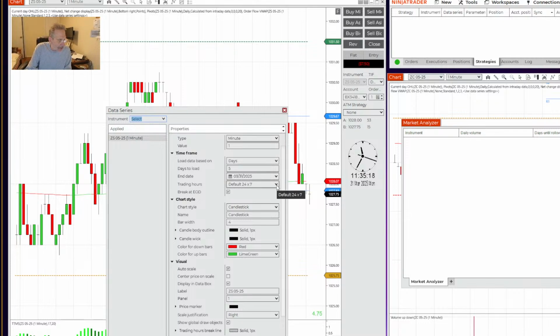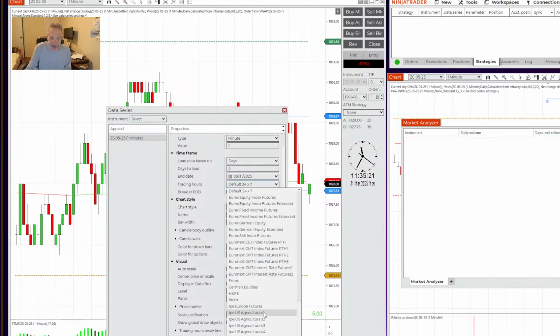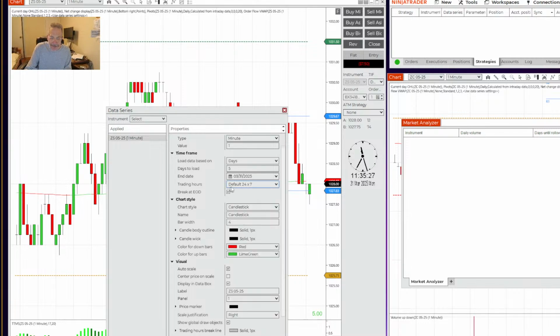Click the arrow, and trust me, default 24/7 is there. When you get that little arrow, you got to click it, okay? It's there. Right-click the chart. Click on data series. Change the trading hours to default 24/7 with the little arrow. Do it on both charts. Apply it and OK it.